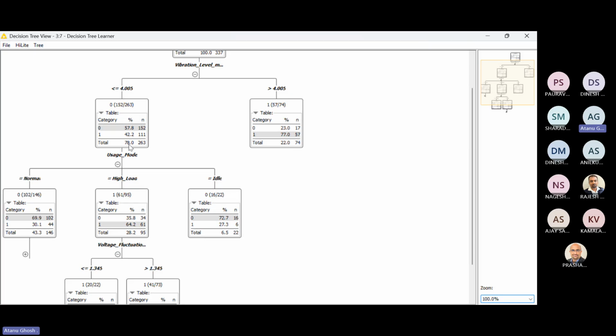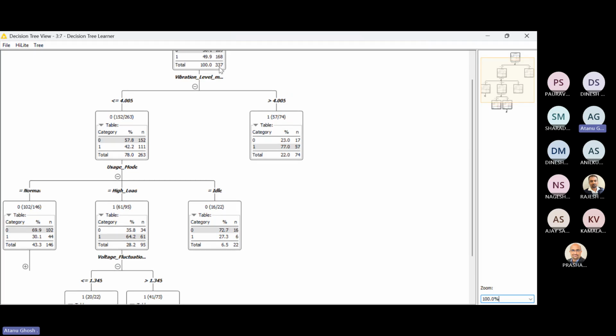That's 78% of the total observations. Total observations 337. Out of that, 263 observations are less than 4.005 and 74 observations are more than 4.005. That is 22%. So 78% and 22% make 100%. And within this 263, in 152 observations the machine has not failed, and in 111 observations the machine has failed. Correct?